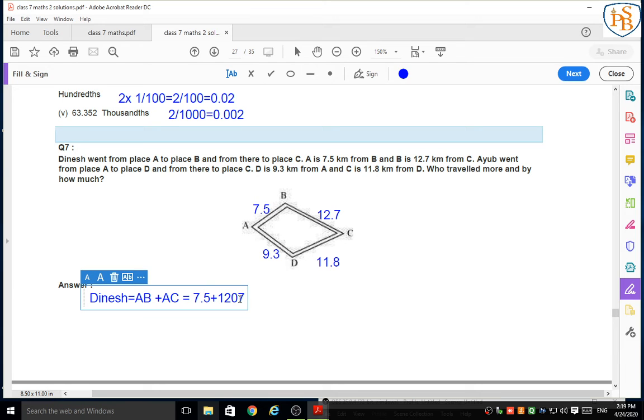So how can we add this? Okay, I will wait for a few seconds. Try to solve it in your notebook. Just find out the answer. Okay, have you got it?